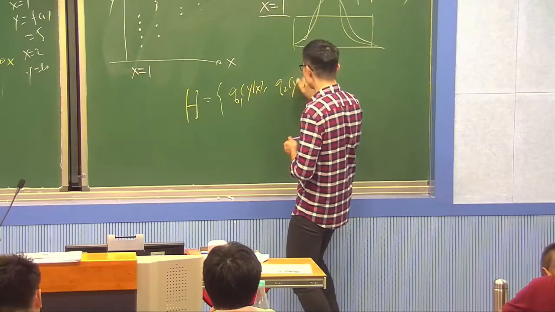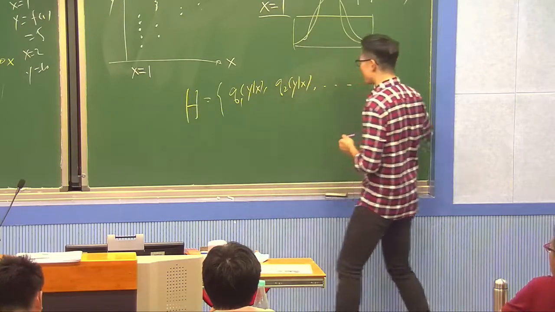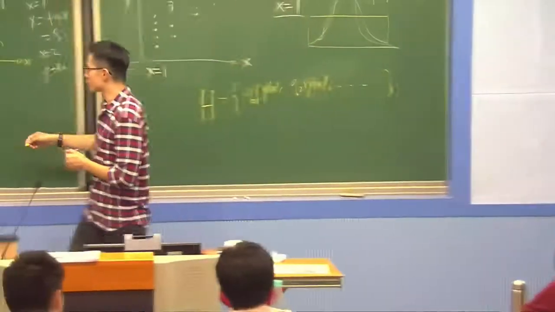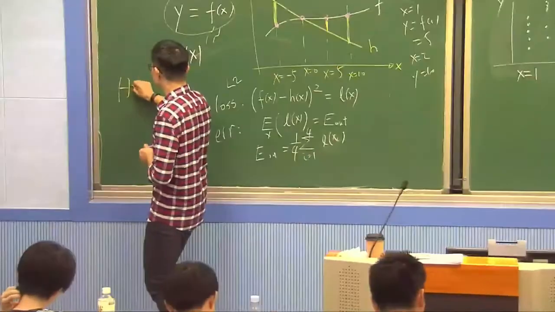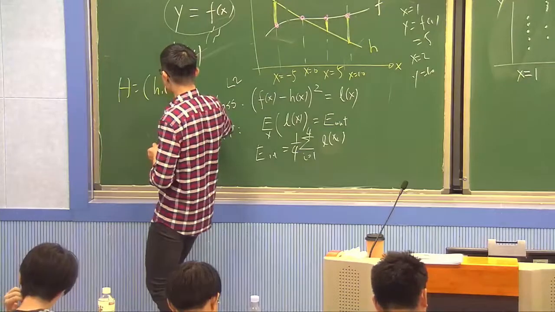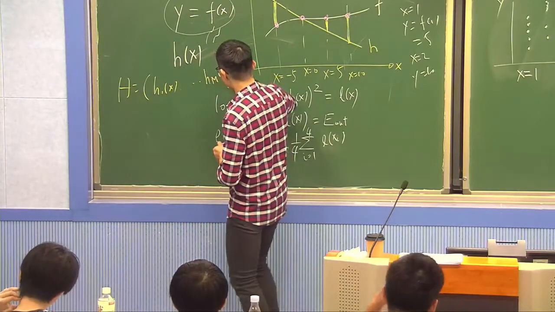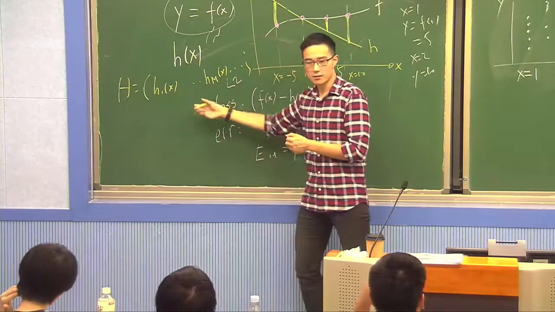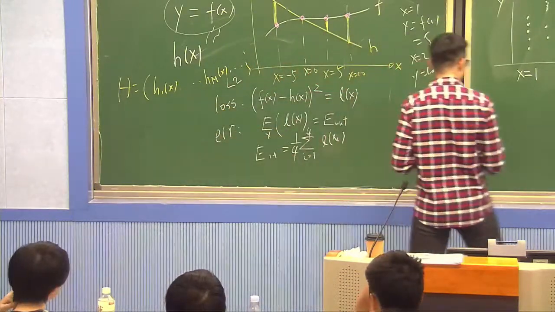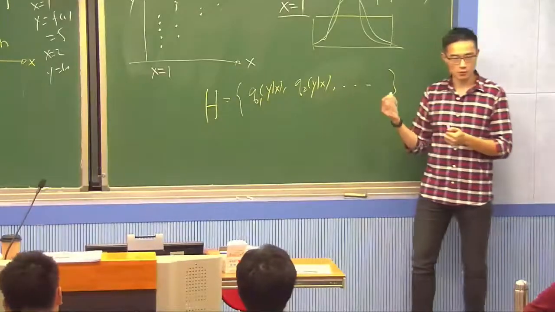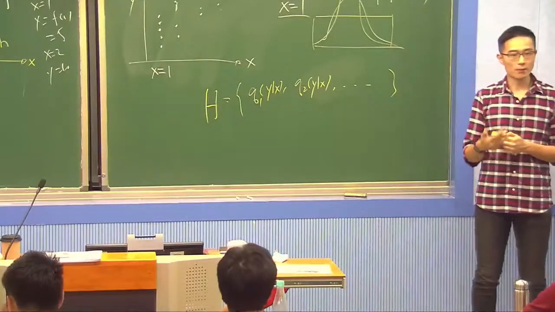This is my second hypothesis, and I have many, many hypotheses. Remember, in this case, our H is h1(x) all the way to hM(x) and some more, right? So our hypothesis set contains many individual h. Here, the model contains many different Qs, which are my hypotheses.